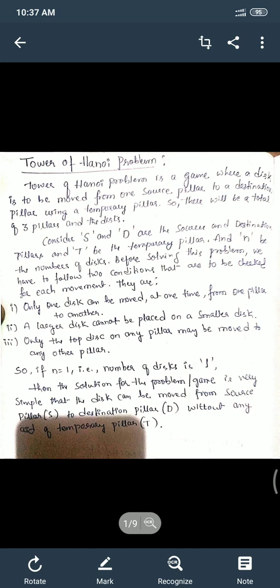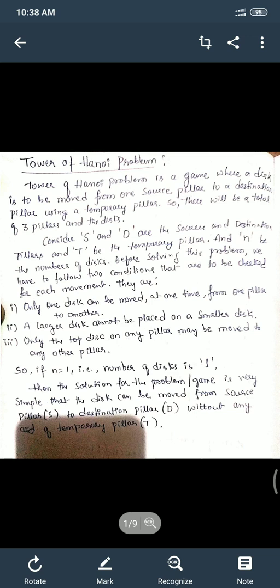I hope in our childhood days we have played this game, Tower of Hanoi. In this game, we have 3 pillars. We have named them S, the source pillar, D, the destination pillar, and T, the temporary pillar.